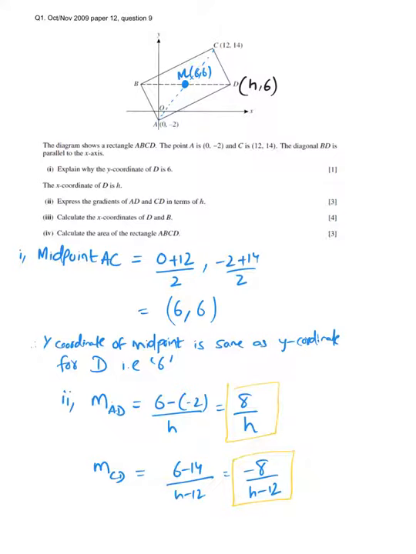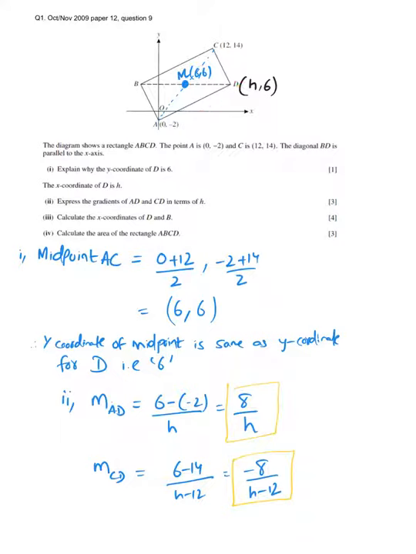So this is a rectangle, and a rectangle's sides are mutually perpendicular to each other. Therefore, the product of the gradient of line AD and the gradient of line CD must be equal to -1, and in this way we can form the equation.